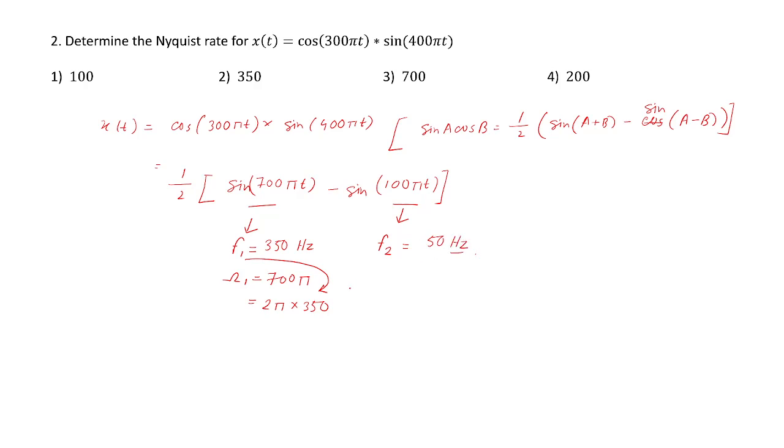So the question asks what is the Nyquist rate for this combined signal, which has two different frequency components, 350 Hz and 50 Hz. Now here you have to proceed very carefully, because you see what is the Nyquist rate. Nyquist rate is basically twice the maximum frequency component of the signal. Let me write it down somewhere here.